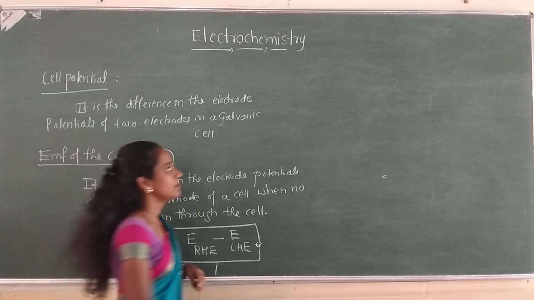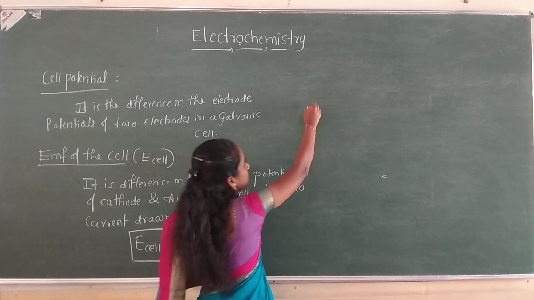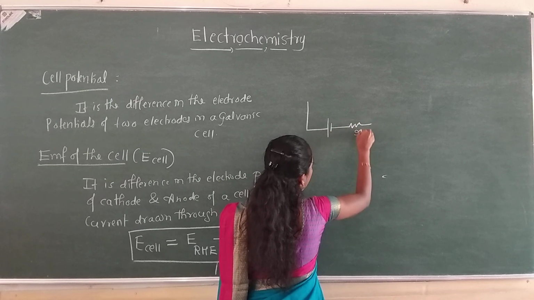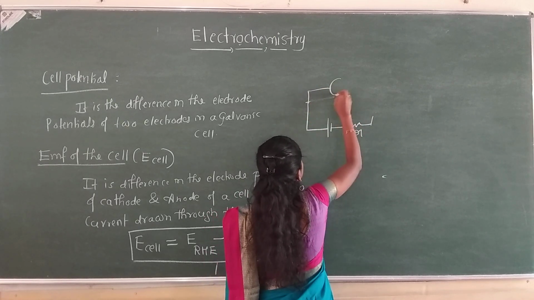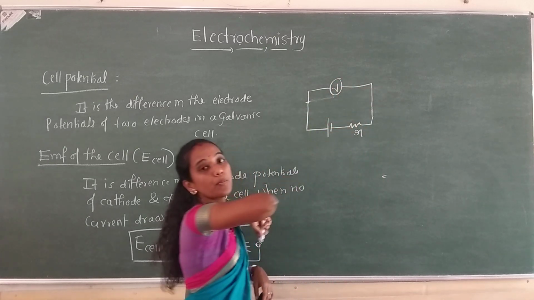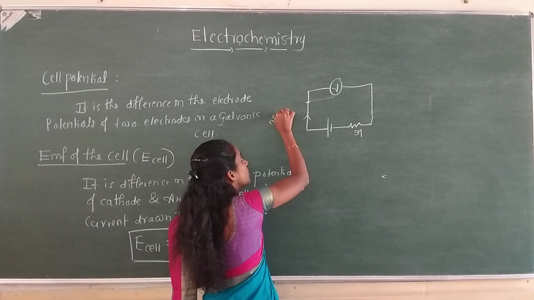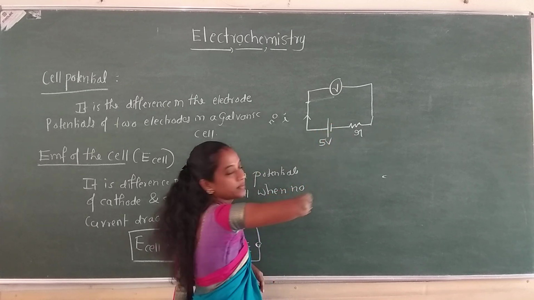For example, consider an open circuit like this, with a resistance R and a voltmeter. Here the circuit is open, so no current flows. Let it be 5 volt.